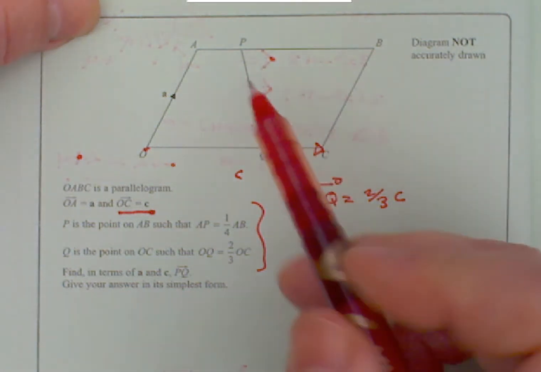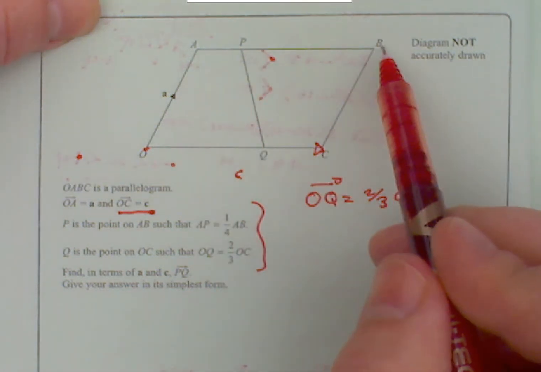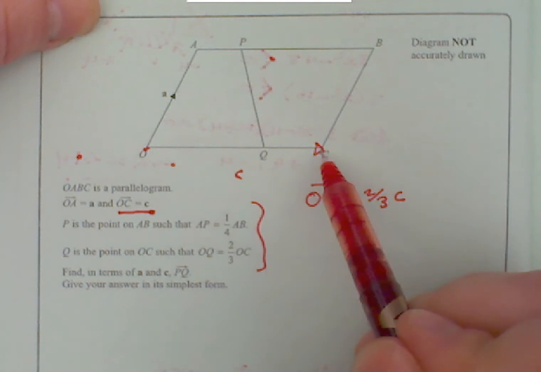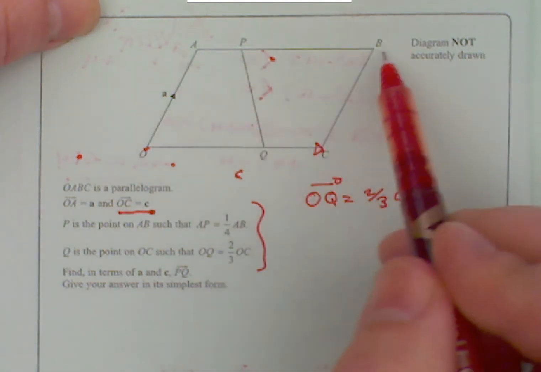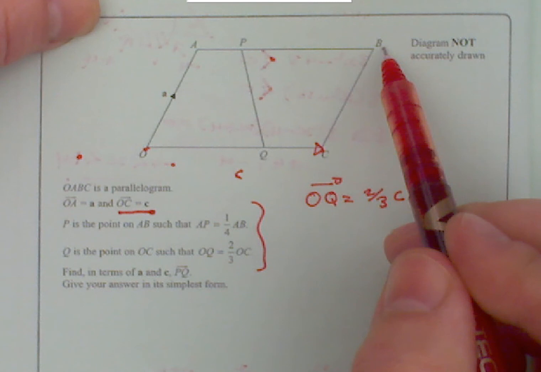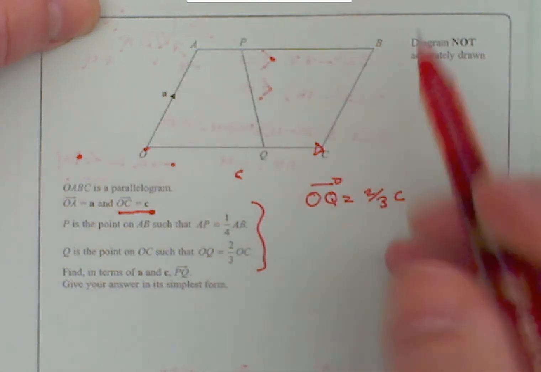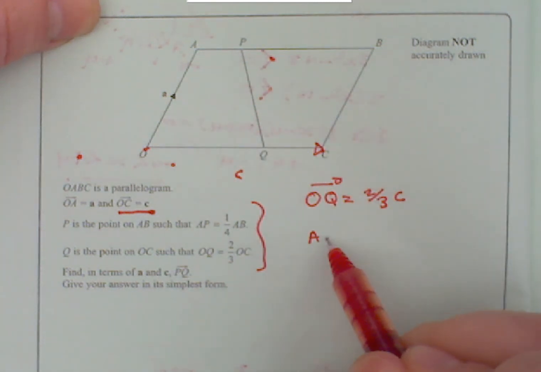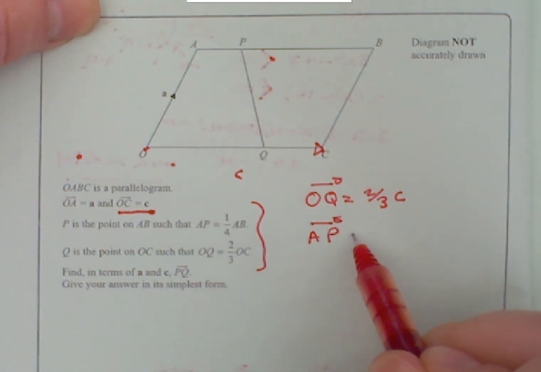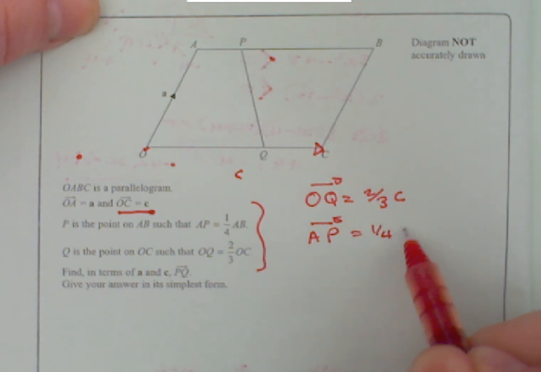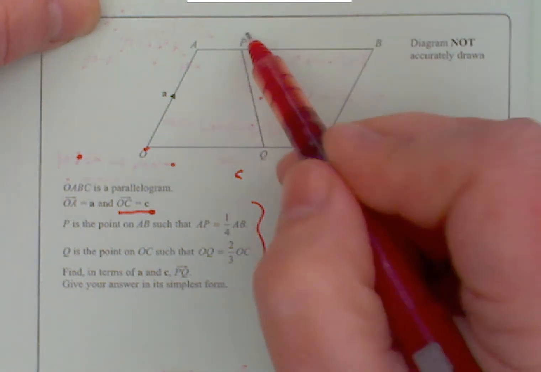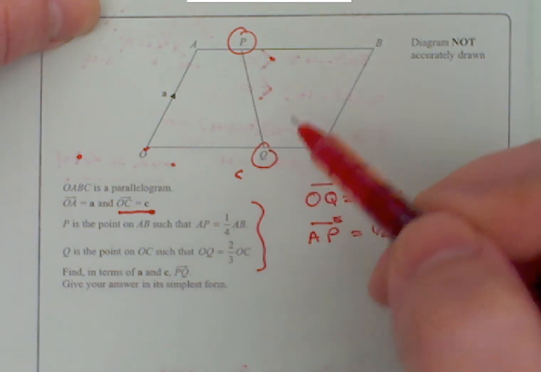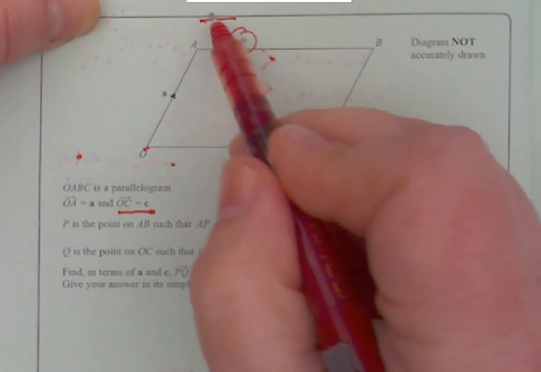And here we can see that A to B is the same as O to C, it's the same movement, so it's the same vector. So A to B is equal to C, and AP must equal a quarter. So AP is equal to a quarter of C. And they want the move from P to Q. So I need to do the reverse of AP, okay?